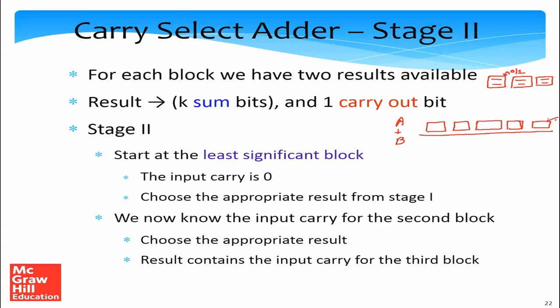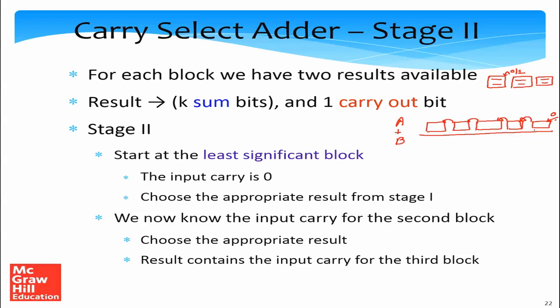So clearly the input carry into this is 0. So we quickly choose the appropriate result from the first stage, and the result will have the carry out. So we send the carry to the next block. Then we quickly choose the appropriate result from the first stage and send the appropriate carry out to the next block, and so on and so forth.